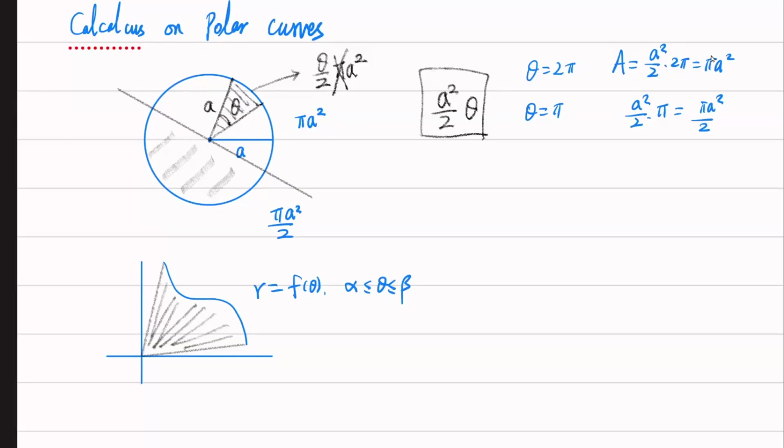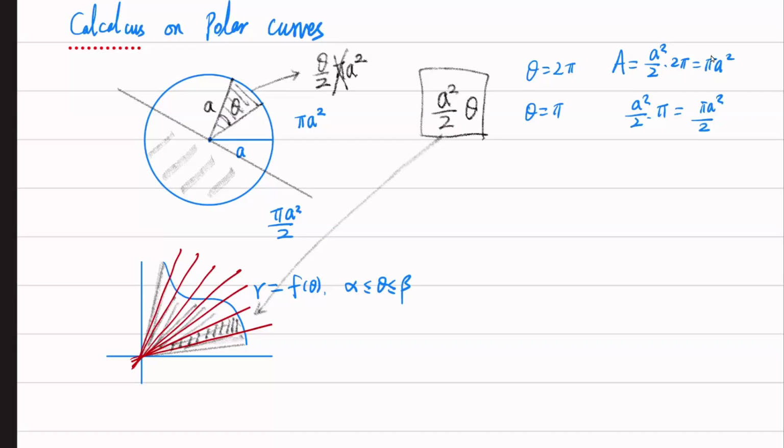If we want to use that idea, we break this big domain into smaller ones. For each one of them, we approximate the area using this formula.